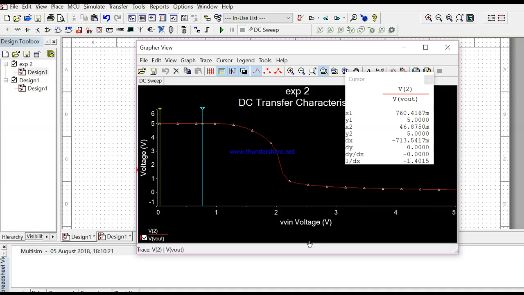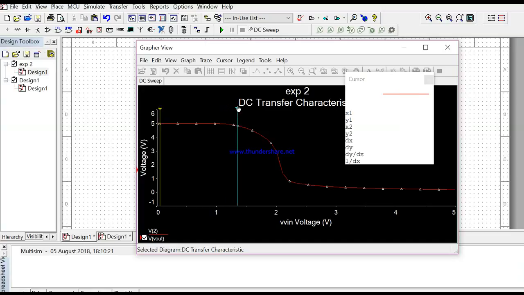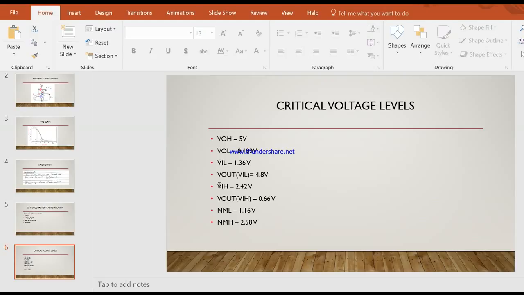So I'll do it for you. You can see over here, when my input is 1.36 volt, output is 4.8 volt. Okay. Now similarly, if we take, when my input is 2.42 volt, output is 0.66 volt.